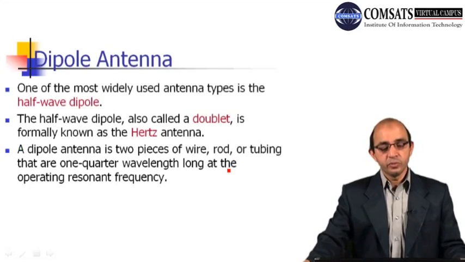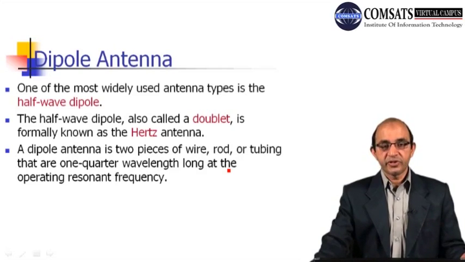This is one of the most widely used antennas, and it is a half wave dipole. The half wave dipole is also called a doublet, and it was invented by Hertz, so that's why it is known as the Hertz antenna. So we have two pieces of wire, as we mentioned in the last lecture, that we can convert a transmission line into an antenna.